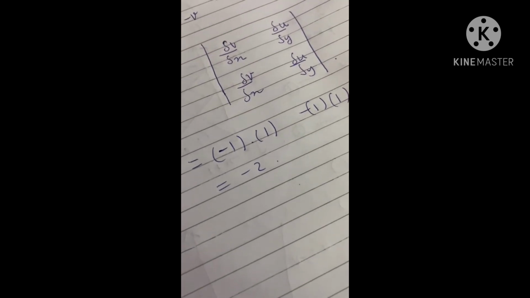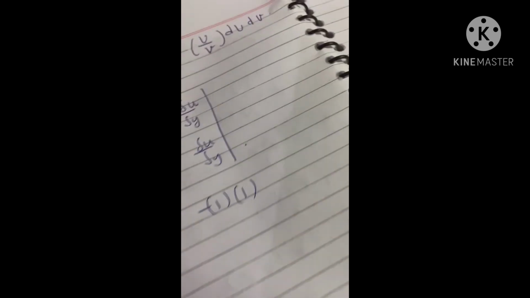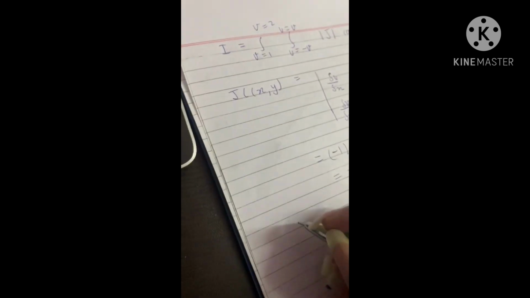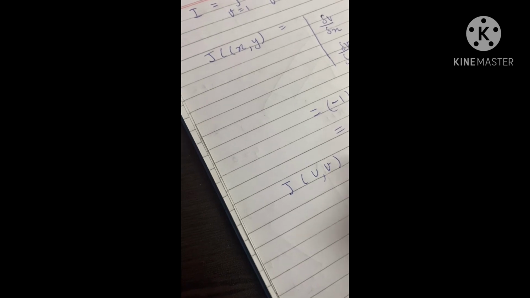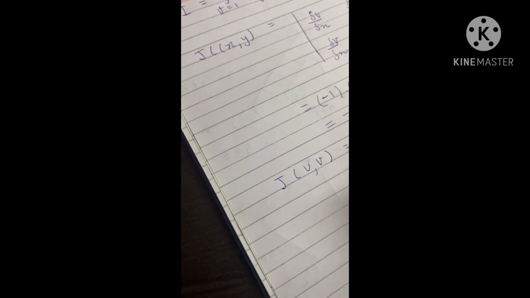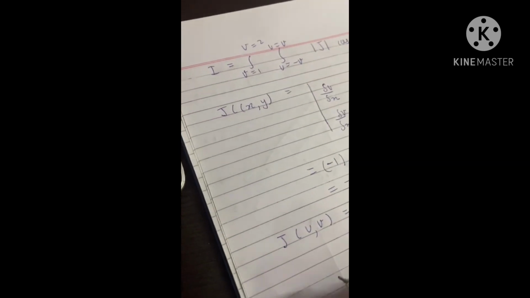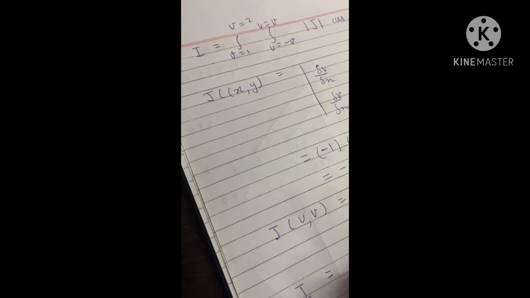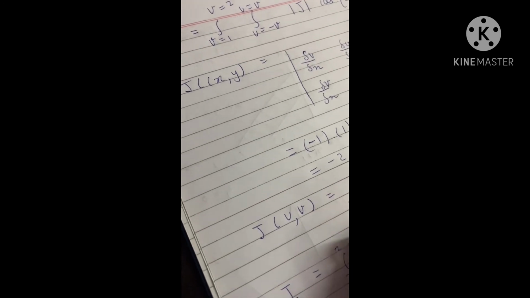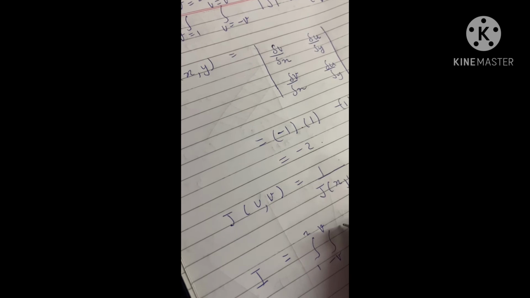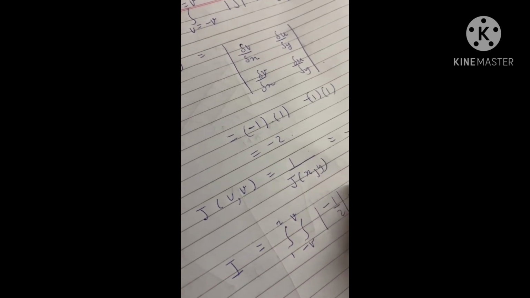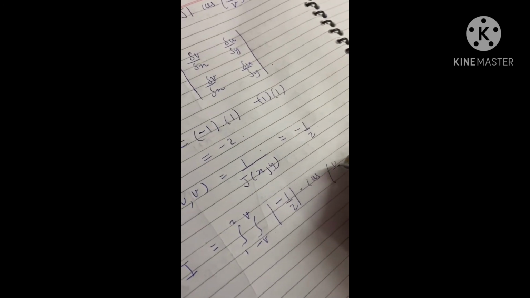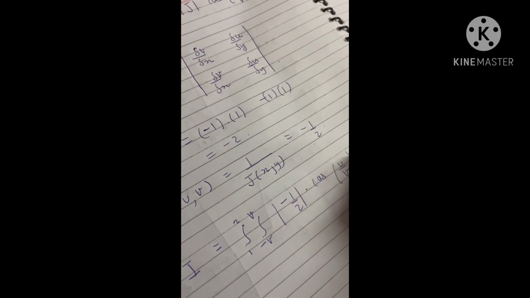The Jacobian factor for u and v will turn out to be minus half. Now we put the Jacobian factor in the integration: the integral from minus v to v of the modulus of minus half into cos of u by v du.